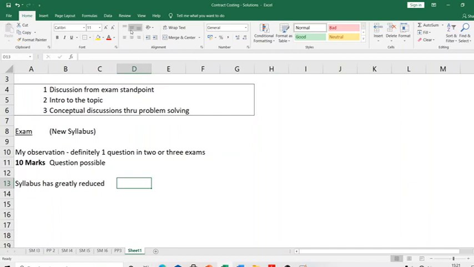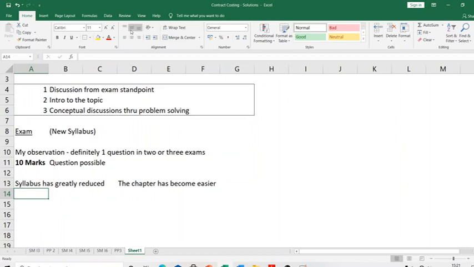To that extent, I would say the chapter has become easier, because only so many things are there for you to understand, unlike earlier. Even earlier it was not a very difficult chapter, but relatively it has become easier under the new syllabus.